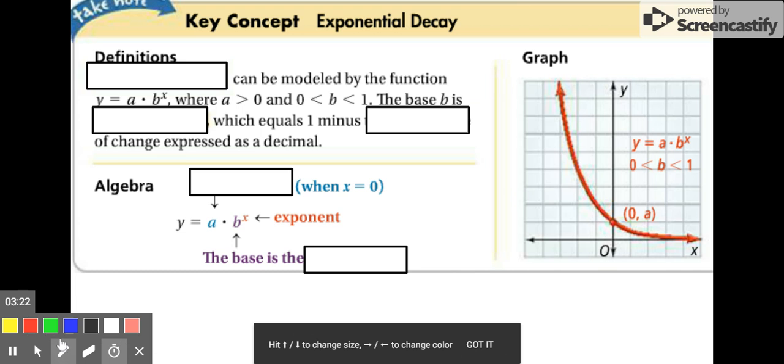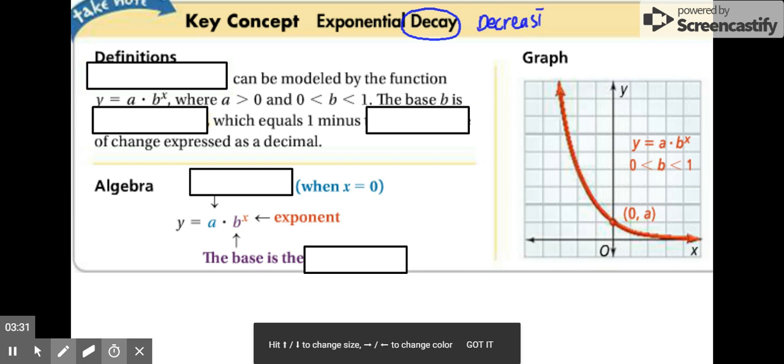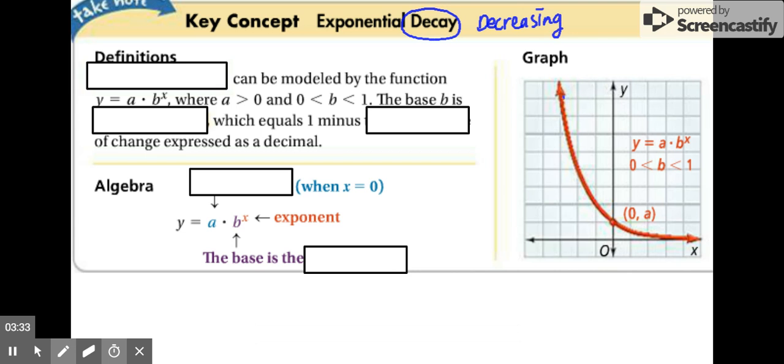All right, now we're going to talk about exponential decay. Decay is when things are decreasing. As you see on the graph, the numbers are decreasing, right? Okay, so exponential decay. Let's talk about the definition. It can be modeled by the function, and we're still talking about an exponential function.